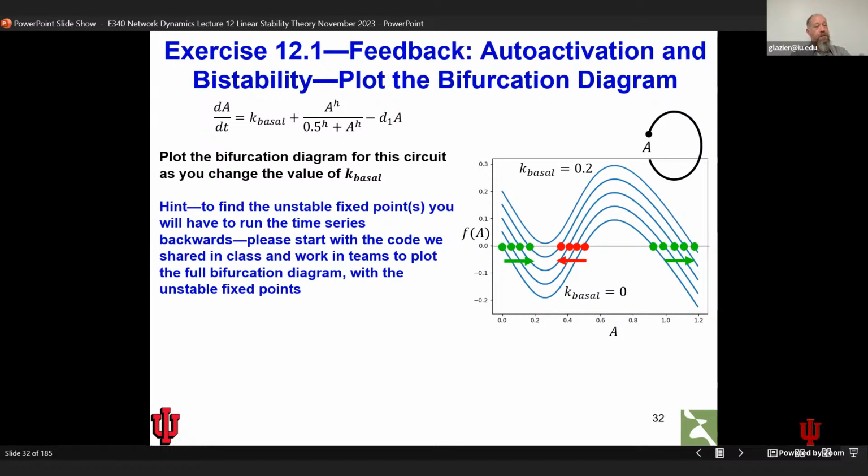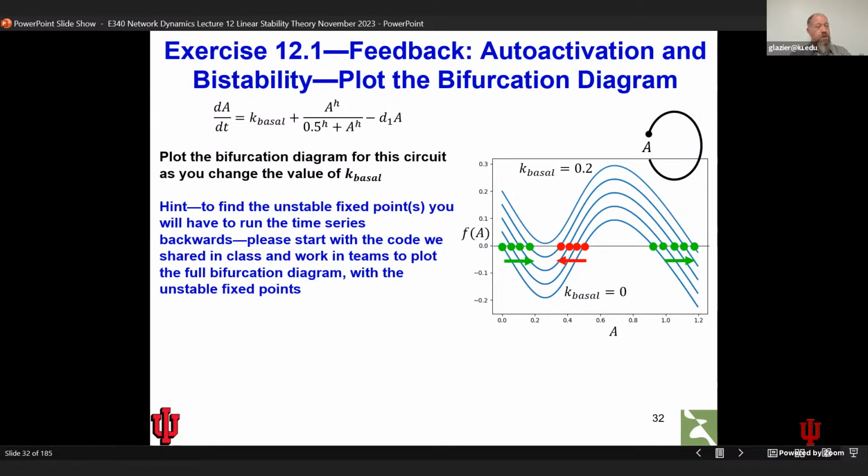But I would like people to plot the bifurcation diagram for this ordinary differential equation as you change K Basel.